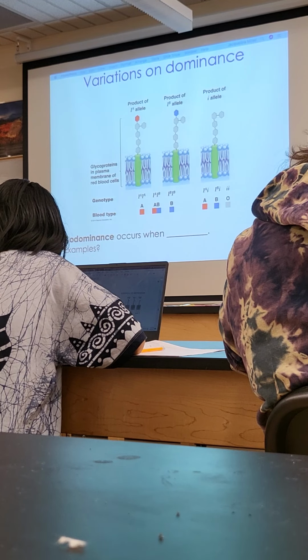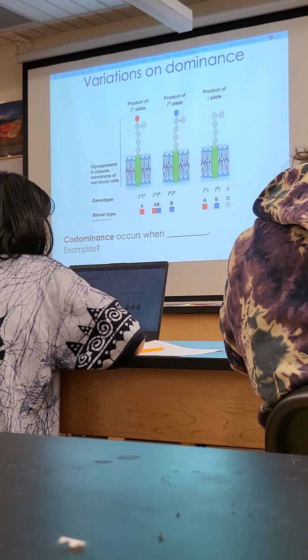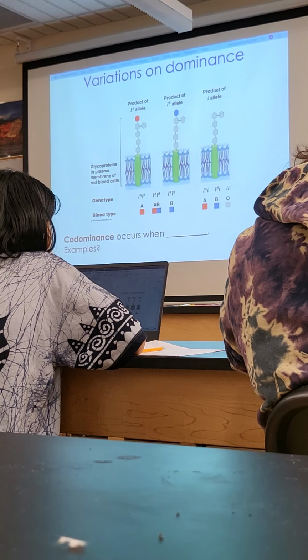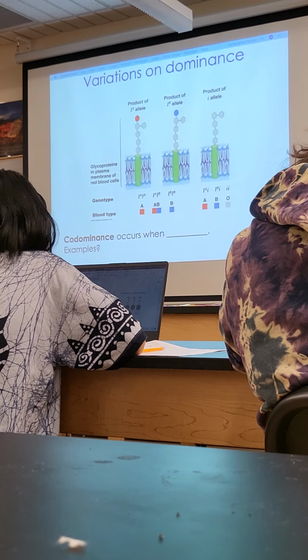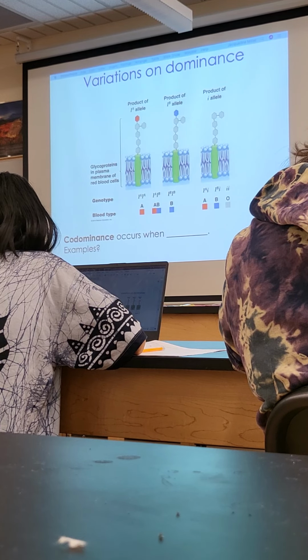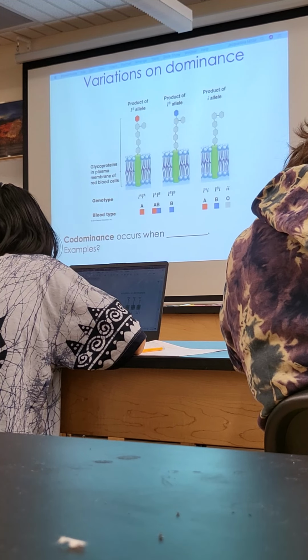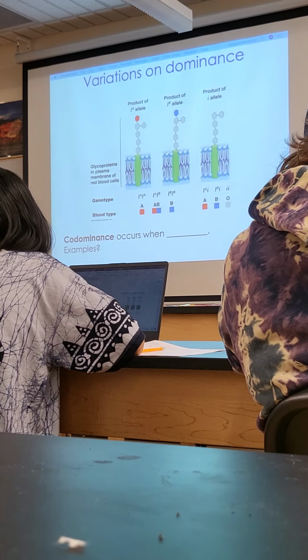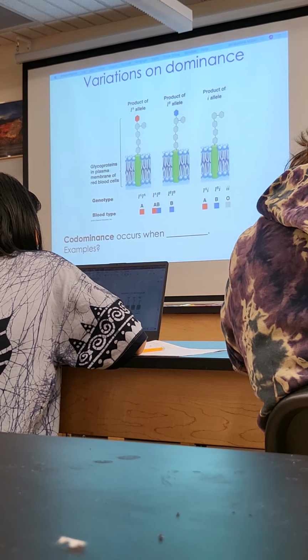Well, it turns out there's a lot of variance on that. Now, we talked about the explanation for why something would be dominant versus recessive at a molecular level usually has to do with the protein that is encoded, right? And usually the dominant either is more active or it's expressed at a higher level, or we talked about all those explanations. Sometimes one allele is not dominant over the other.